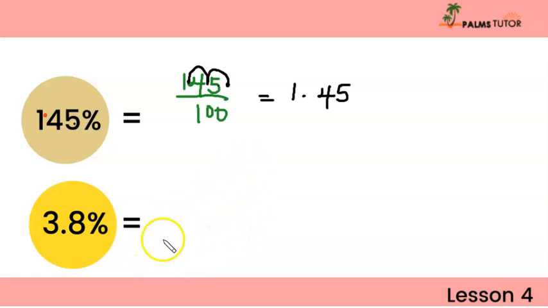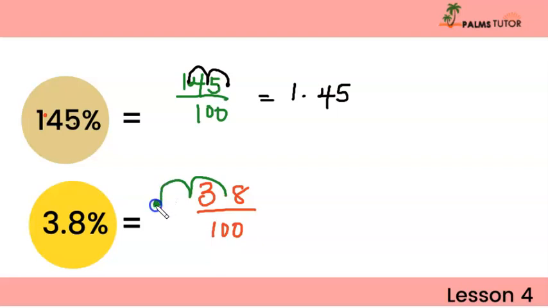Now we have 3.8%. We want to change this to a decimal. 3.8 divided by 100. That's what it is in fraction. Look at this now. This has a decimal. So we want to move 2 places backward. 1. We don't stop. 2. So the decimal point stays right in front here, and then we fill this with a 0.